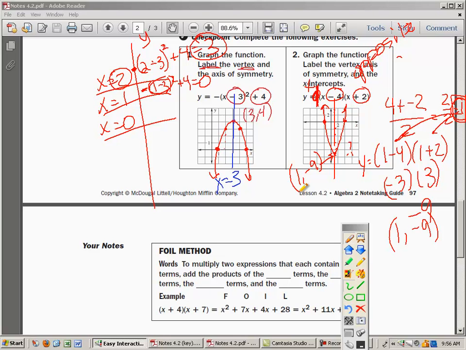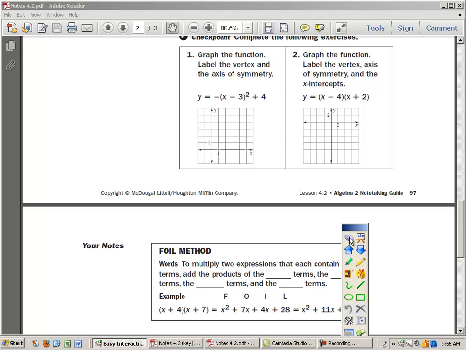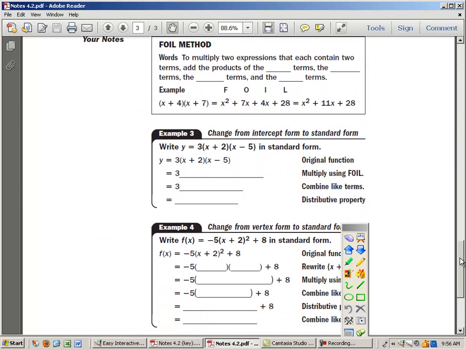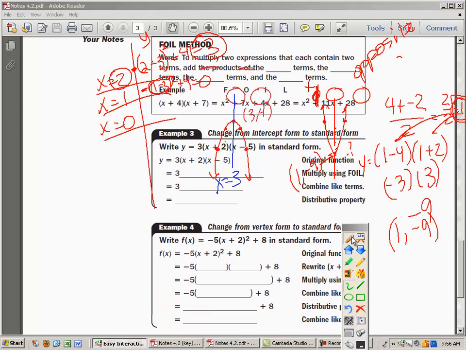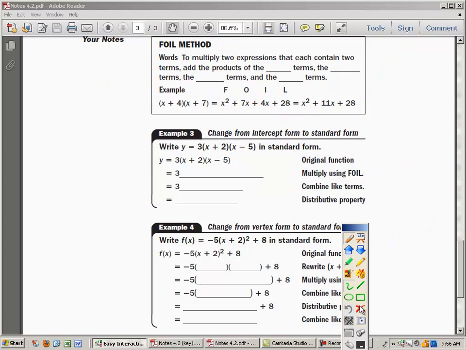All right. The final stretch of this lesson then is this idea of foiling. Now we've talked about foiling in the past. You should already be familiar with FOIL. But FOIL is an acronym to help us remember firsts, outsides, insides, lasts. All right?